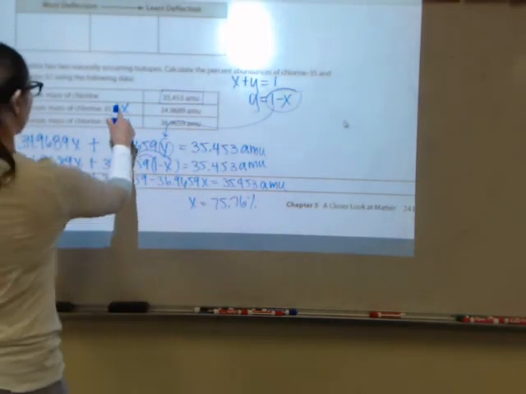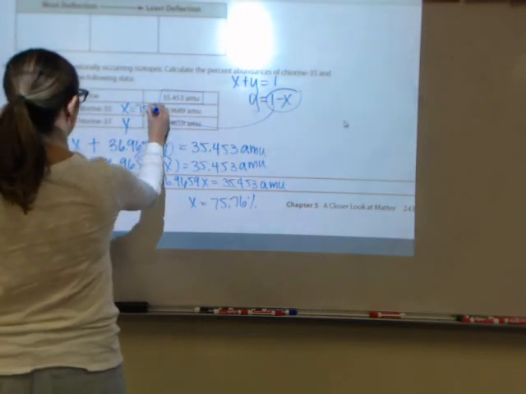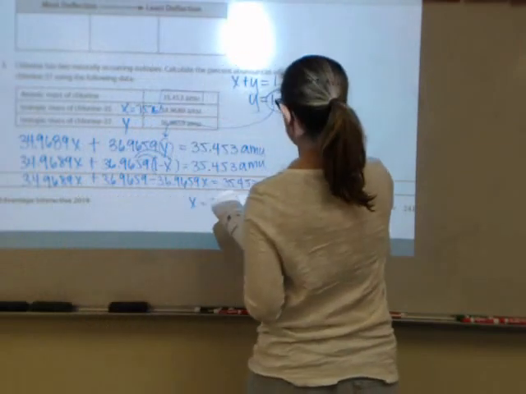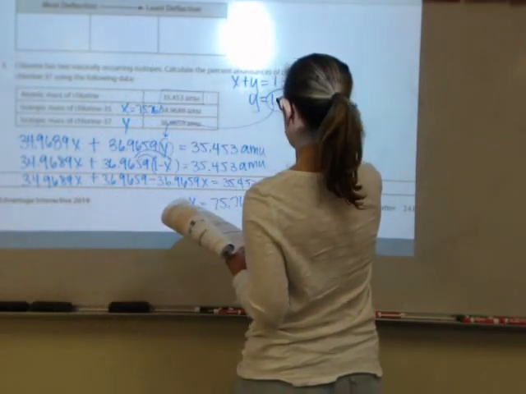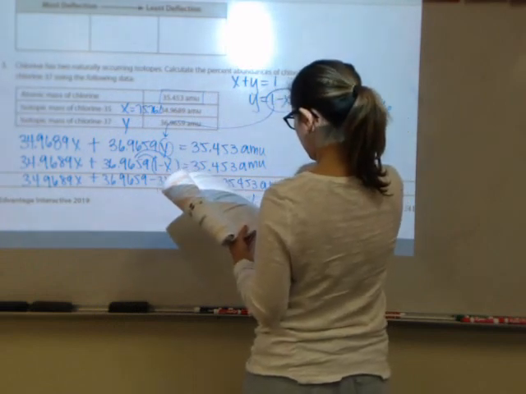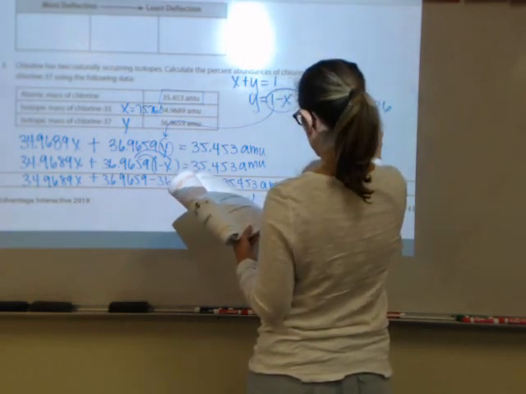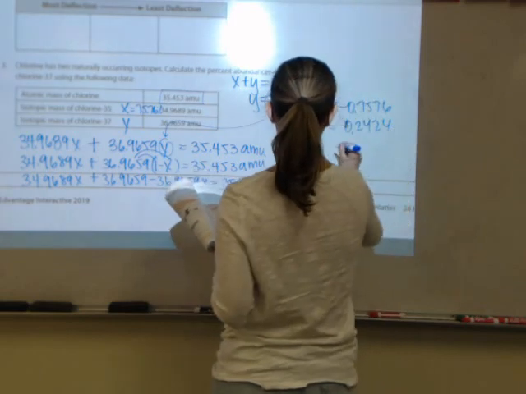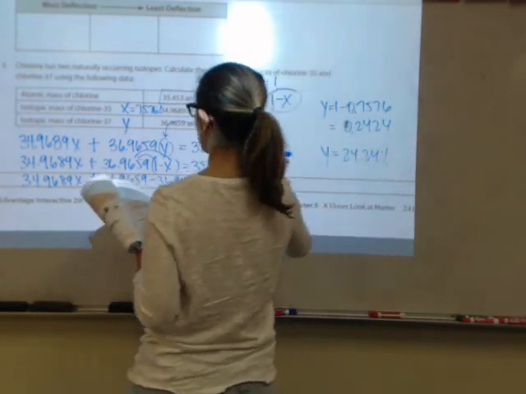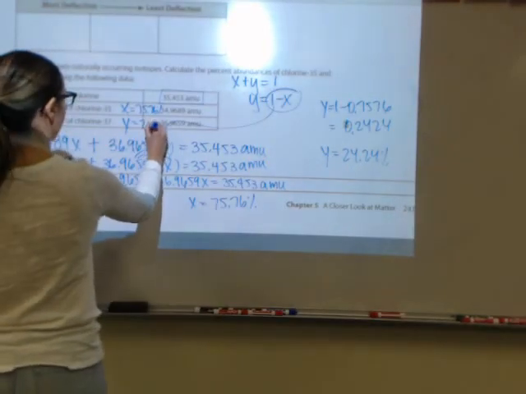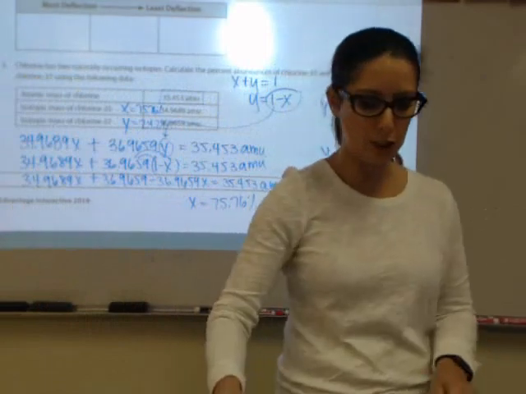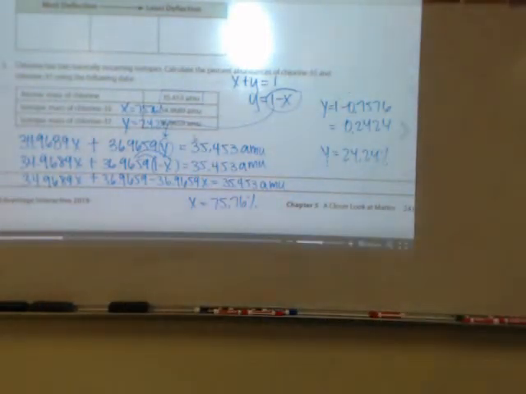So chlorine-35 is 75.76% abundant. Now, y is equal to 1 minus 0.7576, which gives me 0.2424, multiplied by 100. y is 24.24%. So that means that chlorine-37 is 24.24% abundant. And those percentages add up to, I'm sorry, to 100, excuse me.